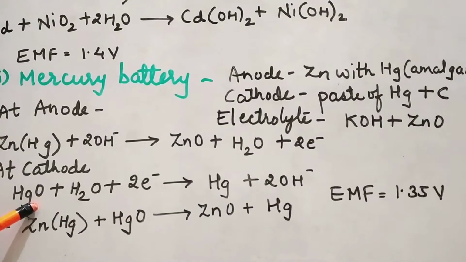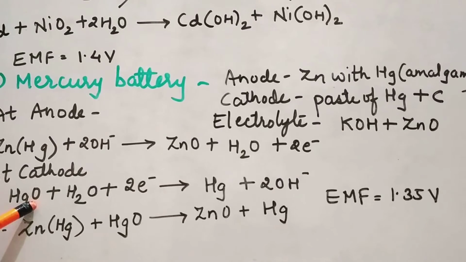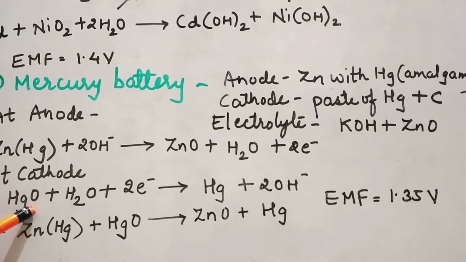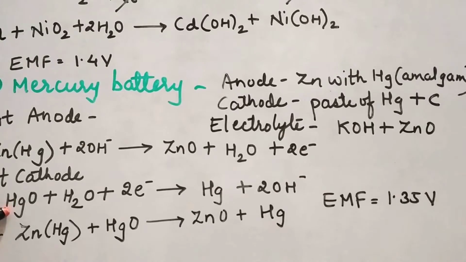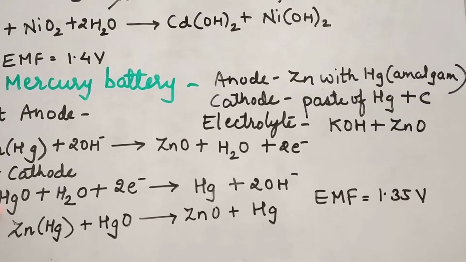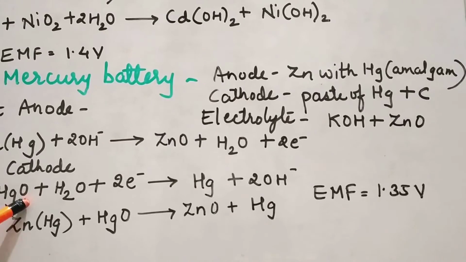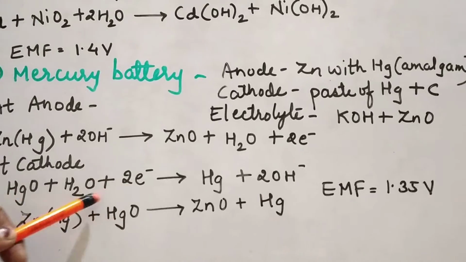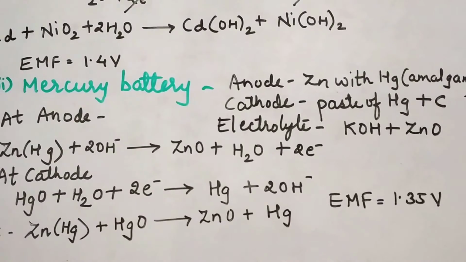The cathode is a paste of mercury and carbon. So the mercury at the cathode is combining with oxygen from ZnO and forming HgO with water molecule. It is gaining 2 electrons. This is a reduction reaction. Gain of electrons forms Hg and 2 times OH minus.